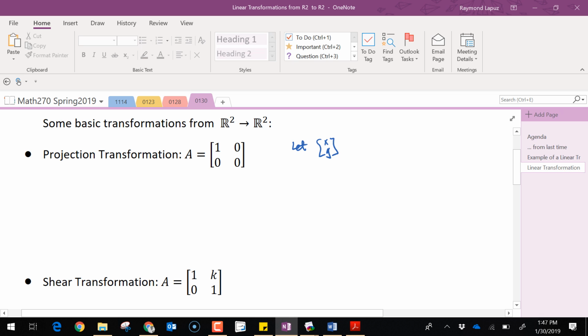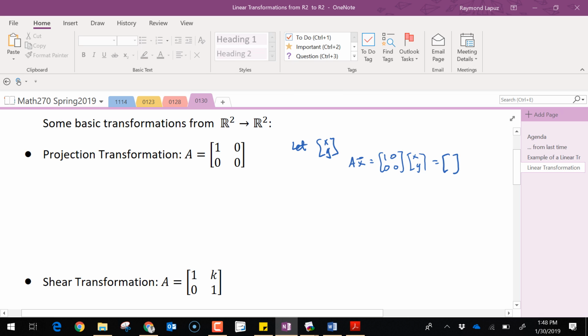And if you apply this transformation, A X, with the matrix 1, 0, 0, 0, what happens when you do this matrix multiplication? It's a 2 by 2 with a 2 by 1, so when you make this multiplication, it should be a 2 by 1.